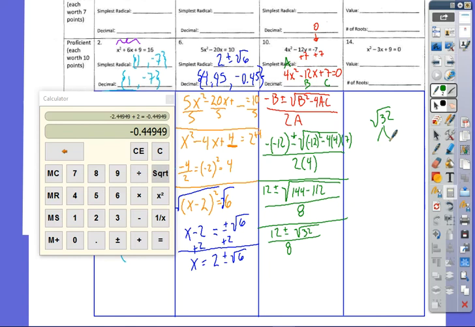So the square root of 32 can be written as the square root of 16 times the square root of 2. The square root of 16 is 4, so we have 4 root 2.